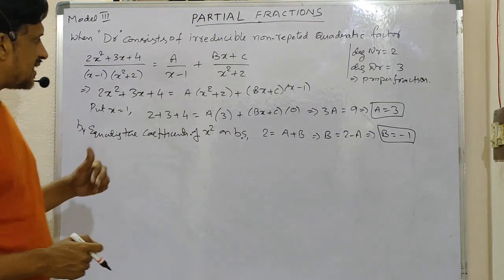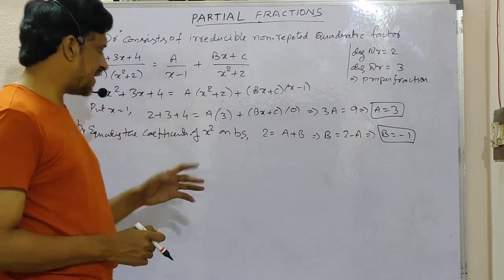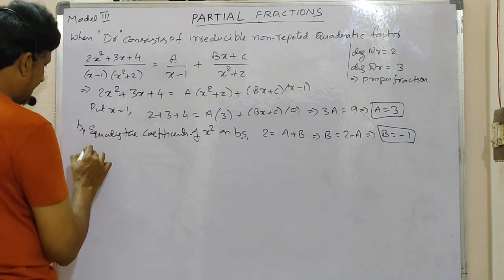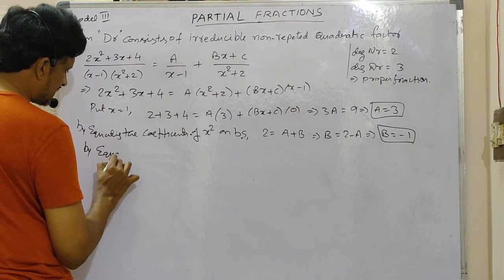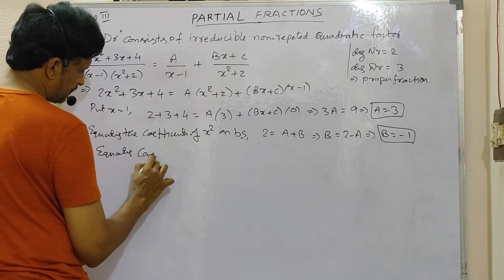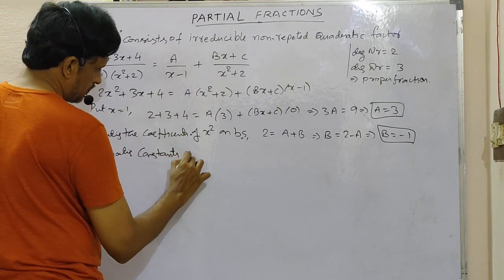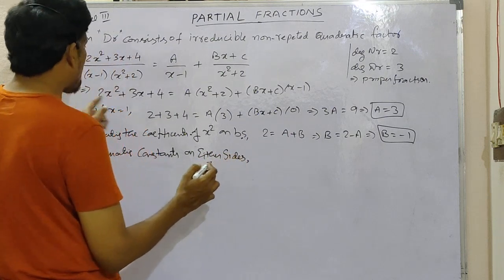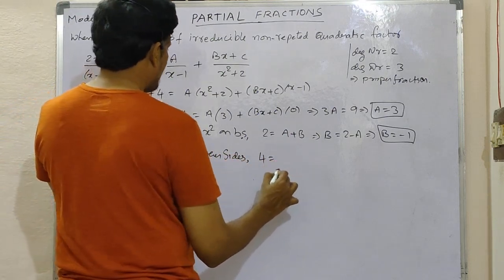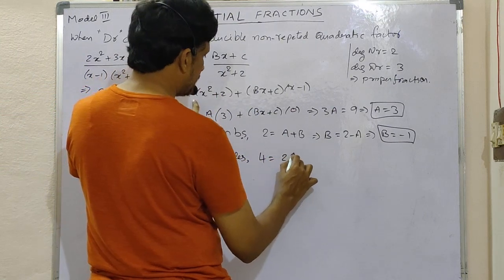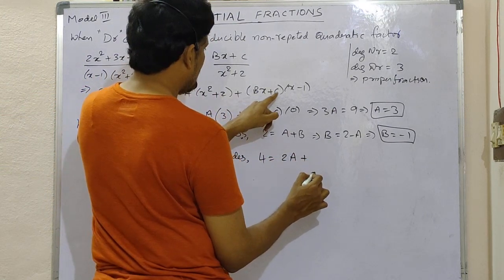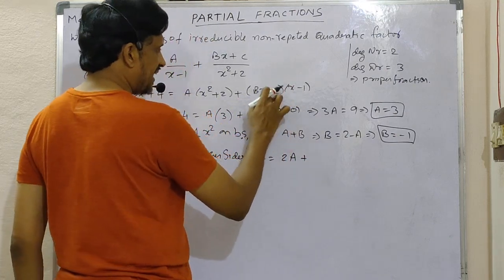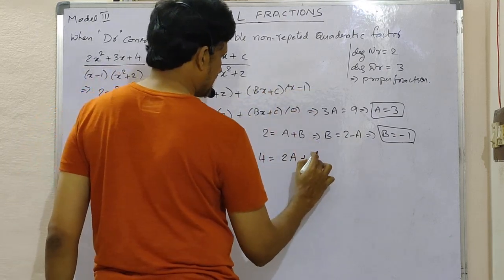Now you can equate either the constant or the x term, no problem. You can take any, because we got A and B, and only C is the required one. So by equating constants on either side, here the constant is 4, which is equal to 2A plus C into x − 1, where C into x again gives an x term, so C into −1 is −C.